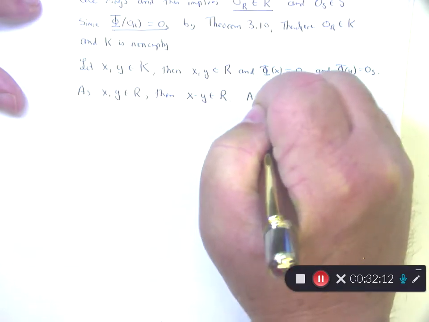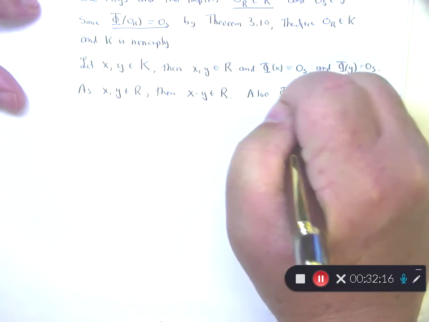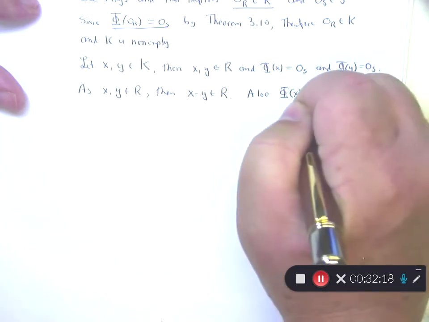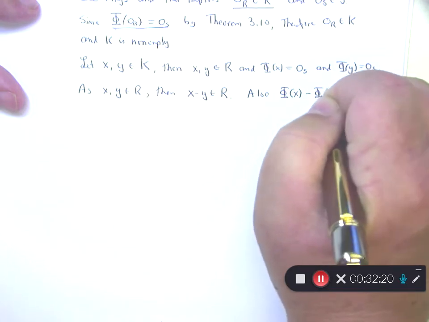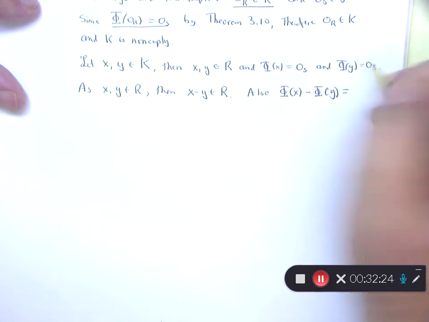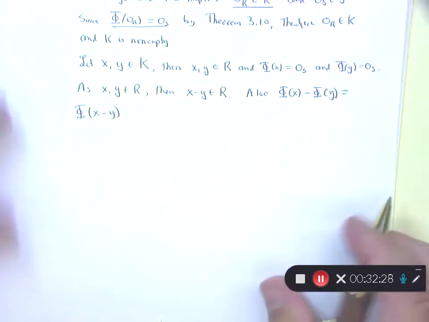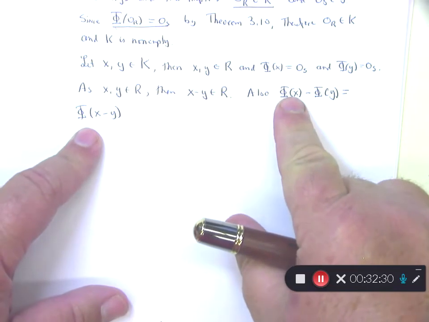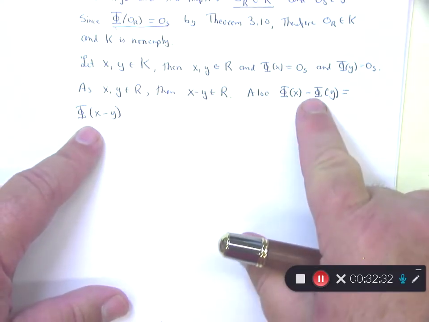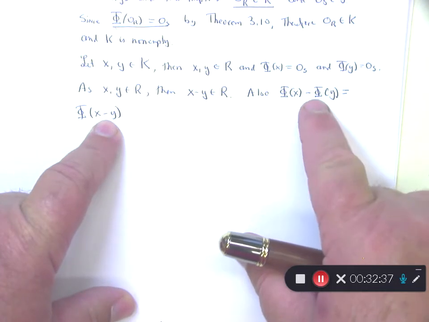Also, phi of x minus phi of y is equal to phi of x minus y. This is one of your properties of homomorphism, but no. The property of a homomorphism is the plus: phi of x plus y is equal to phi of x plus phi of y.